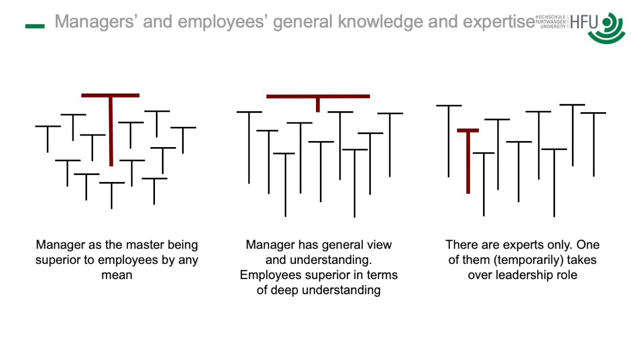Or think about learning. In the classic scenario, the manager is the supermaster, the superhero, the mastermind. The manager was also a kind of teacher. In the second constellation, people do not learn so much from the manager. They learn from each other.